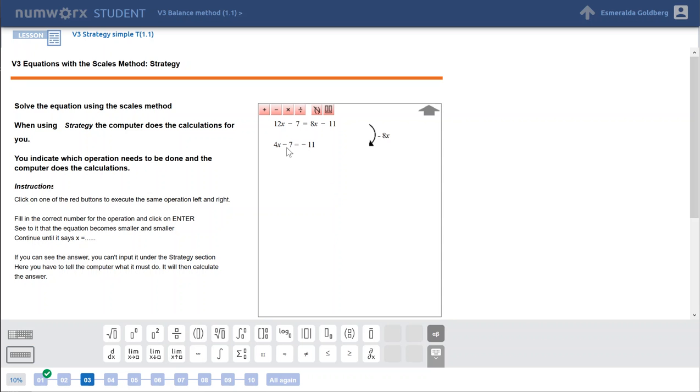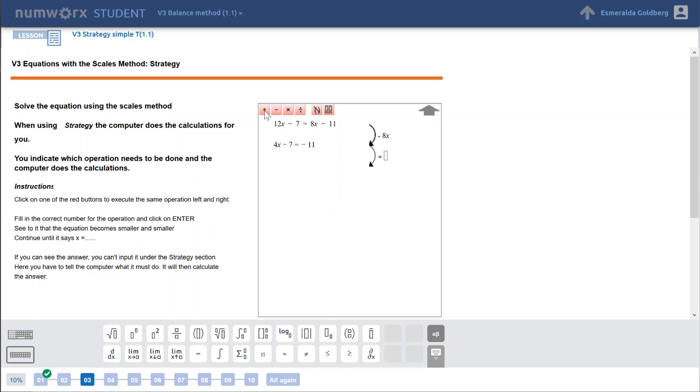Now, minus 7 here, minus 11 there. If I want to make the 7 on the left-hand side 0, if I want to take away all of those negative yellow balls that we saw in the previous activity, then I have to add 7 to make it 0.